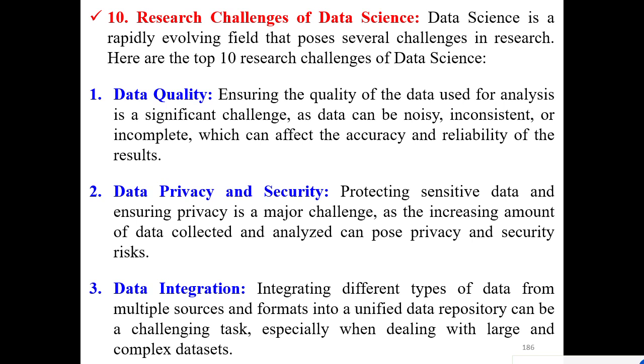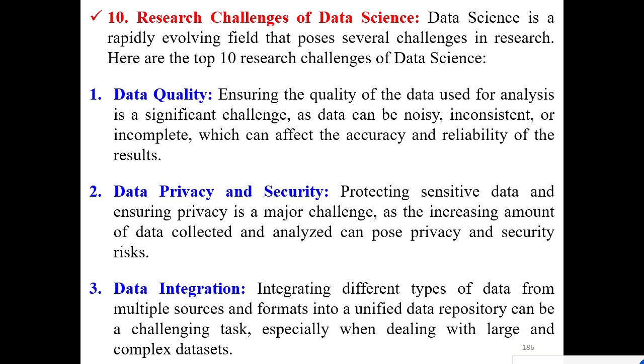We have various challenges in data science, like data quality. That means we have raw material, raw data, and the quality of the data used for analysis is a significant challenge, because data can be noisy, inconsistent, incomplete, redundant, which can affect the accuracy and reliability of the results.